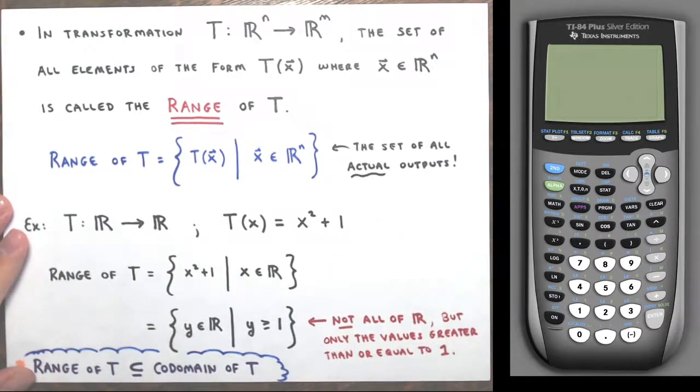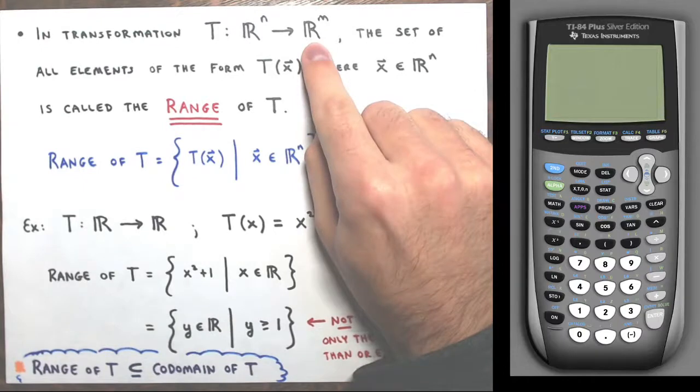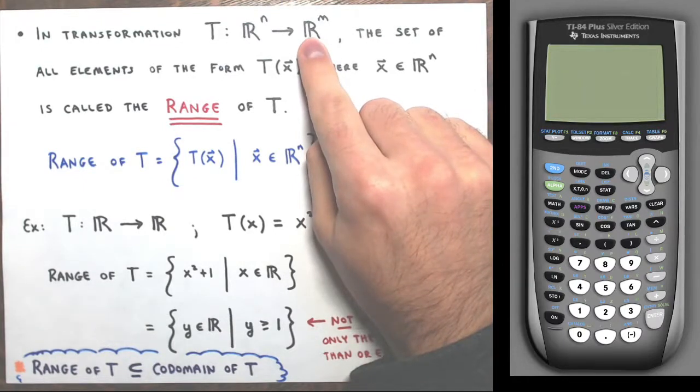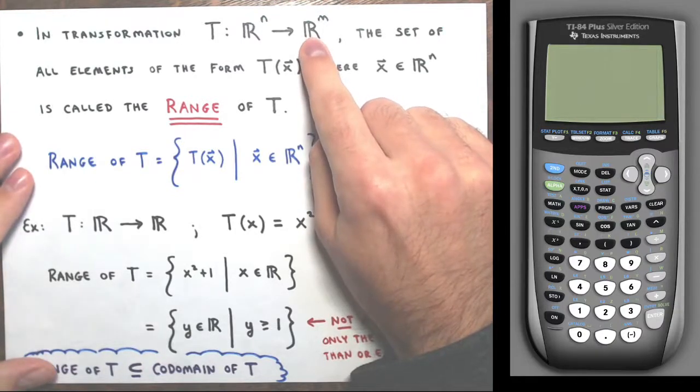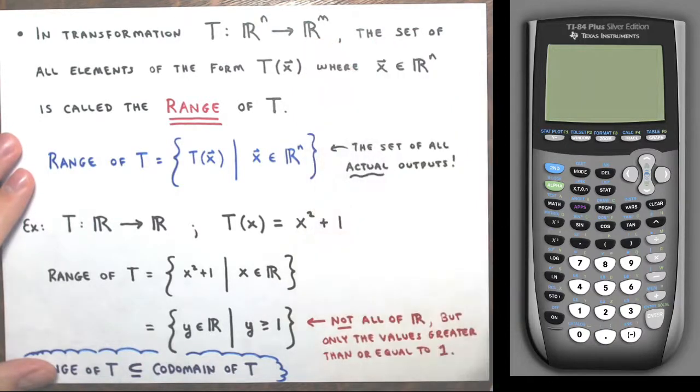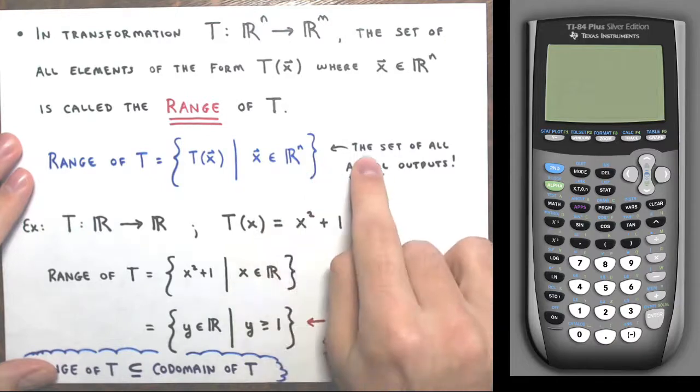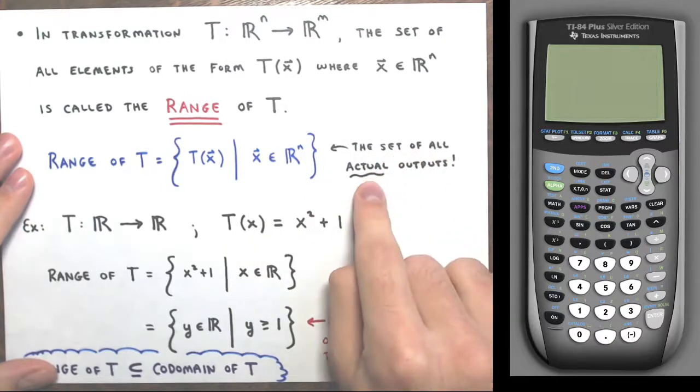Remember the codomain Rm, this was the set of all potential outputs, where all the outputs are coming from. But not every single value in here is an output all the time. The range of T is the set of all actual outputs.